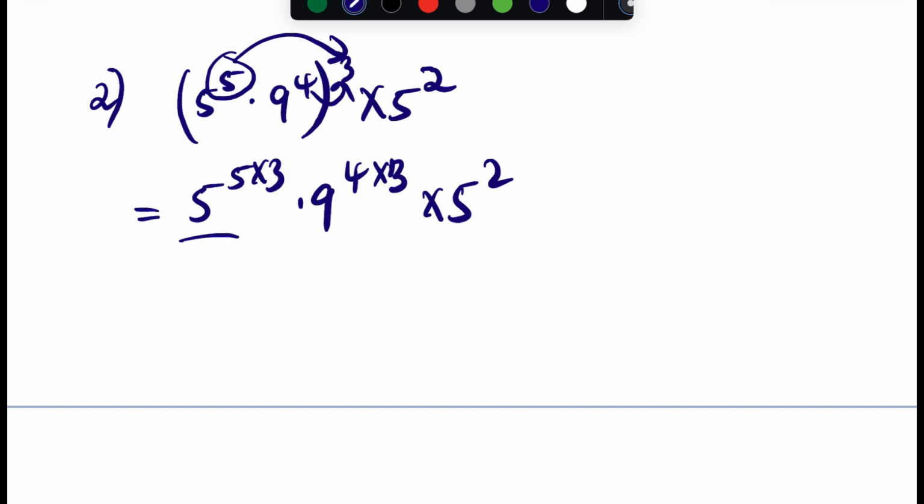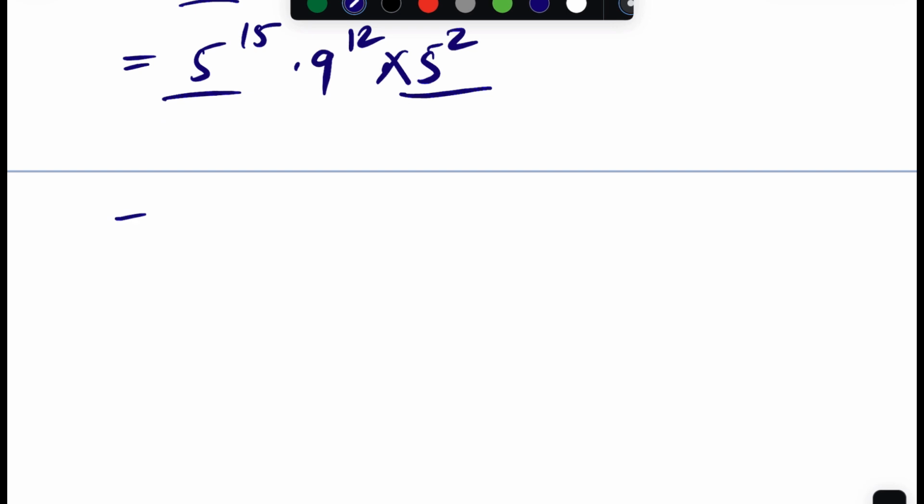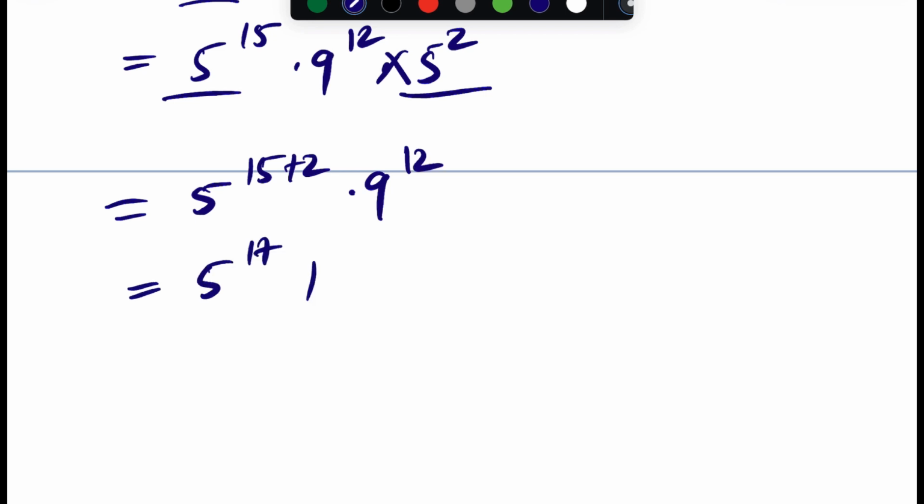So now these two have the same base, so it's 5 to the power 15 times 9 to the power 12 times 5 to the power 2. We just take one base and say 15 plus 2, times 9 to the power 12. That will be 5 to the power 17 times 9 to the power 12. I hope that makes sense.